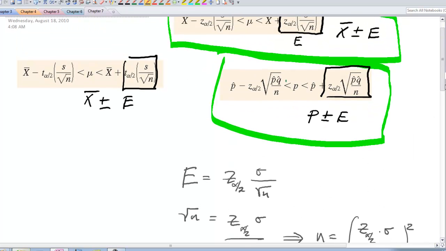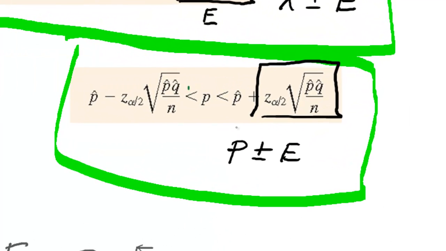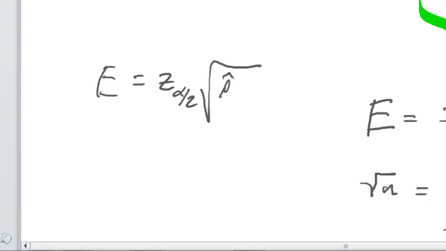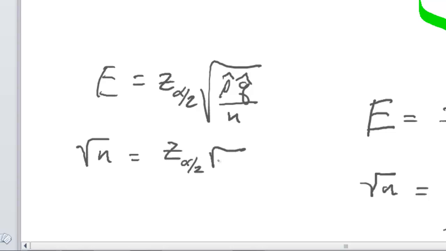And I can also do that with this formula here. For the proportion, I can take e equals z alpha over 2 times the square root of p hat q hat over the square root of n, and I can multiply the square root of n up. I can do z alpha over 2 times the square root of p hat and q hat and divide it all by e, and then I can square everything.